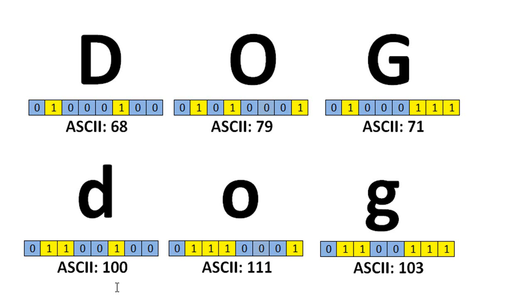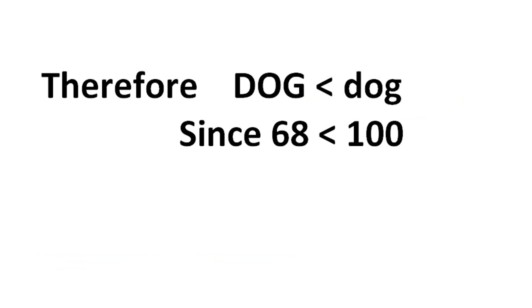If we were to try to do a less than symbol where Dog with a capital D is being compared to dog with a lowercase d, the uppercase D is less than a lowercase d, and therefore, Dog is less than dog. 68 is less than 100.